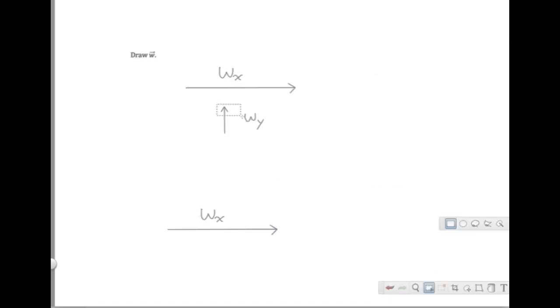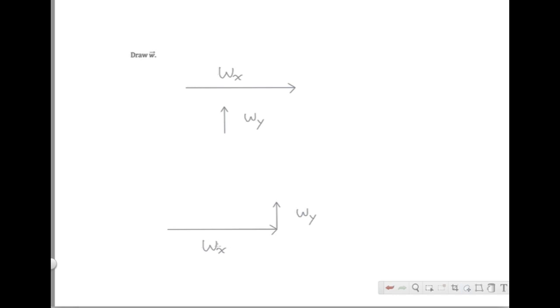So we'll copy this, and we'll simply put it where the wx ends. That's our head to tail method, where the head of the first component is at the tail of the next component. And then w would be the sum of these two components.